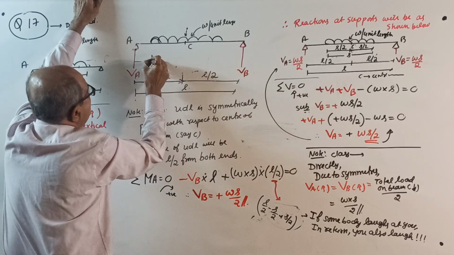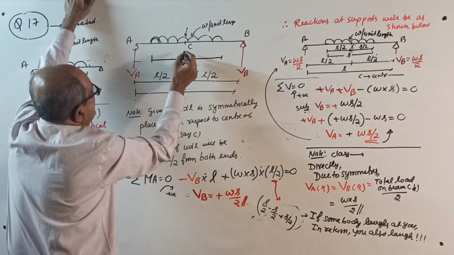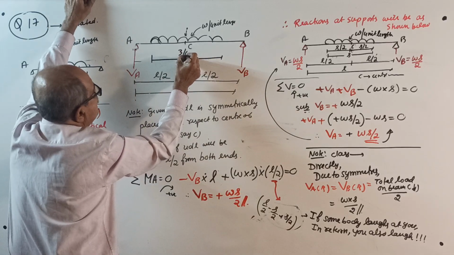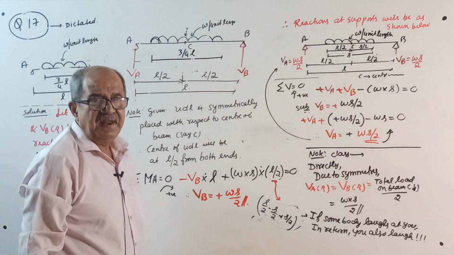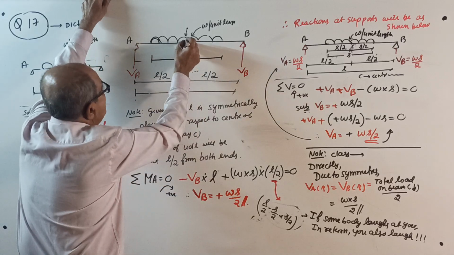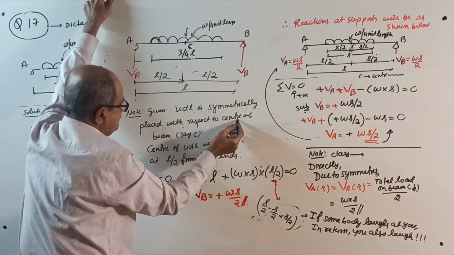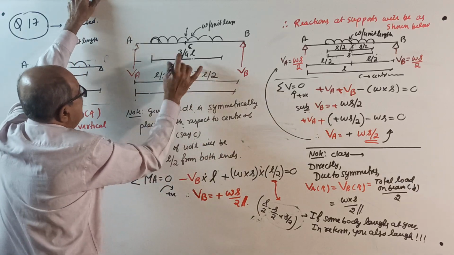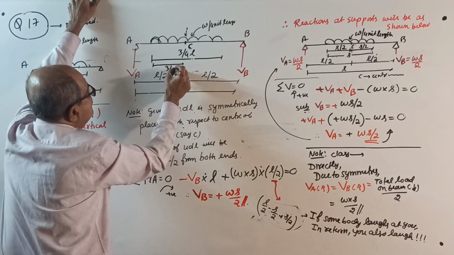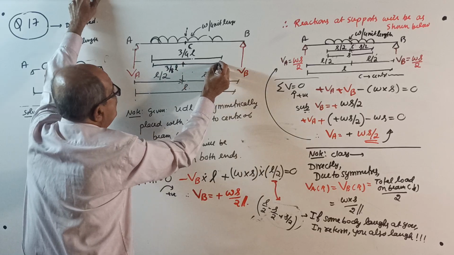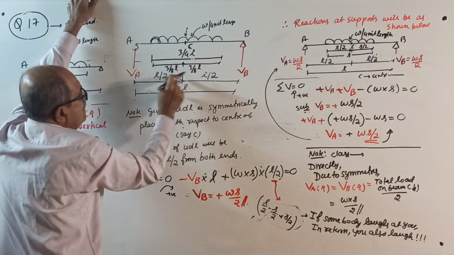See here, the total loaded length is 3/4 of L. And since they told us the load is symmetrically placed with respect to center, the center of the UDL is C. Given the UDL is symmetrically placed with respect to center C, if that is 3/4 L, you write this distance as 3/8 of L. This is also equal to 3/8 of L. And the center is at L by 2.